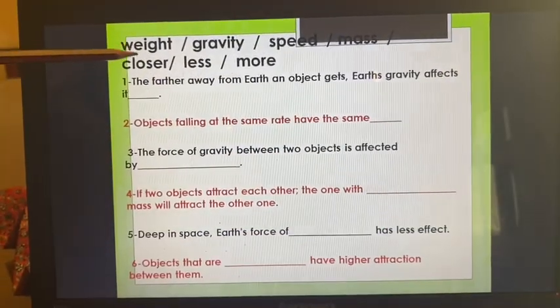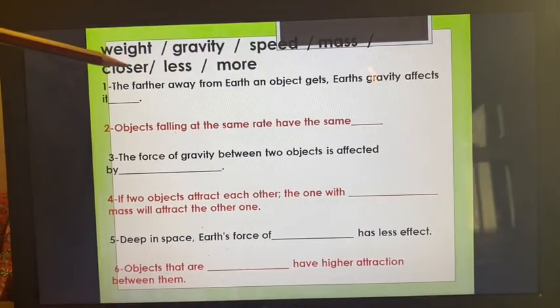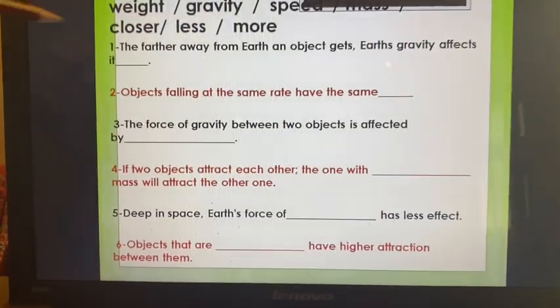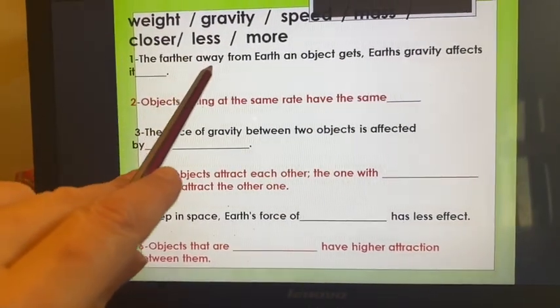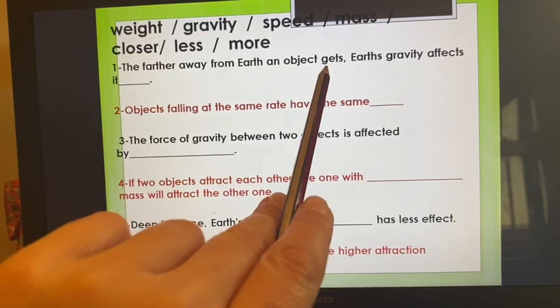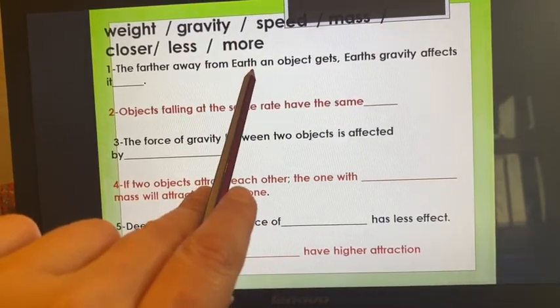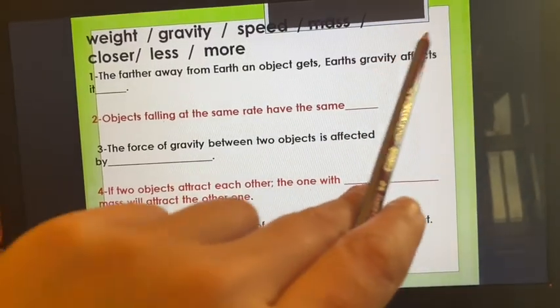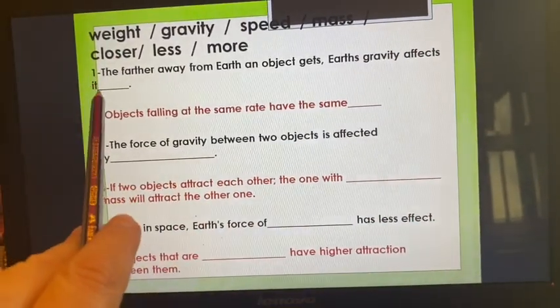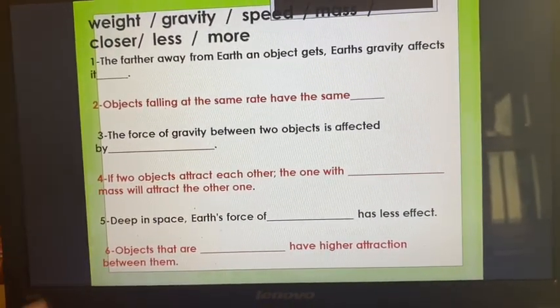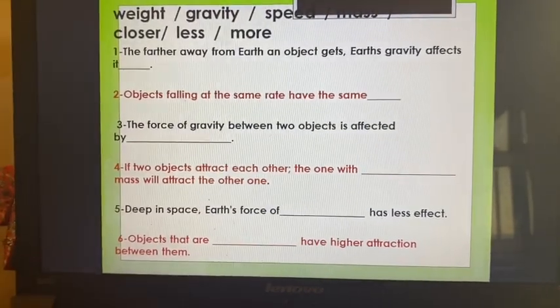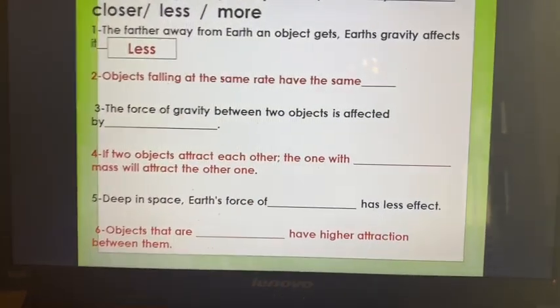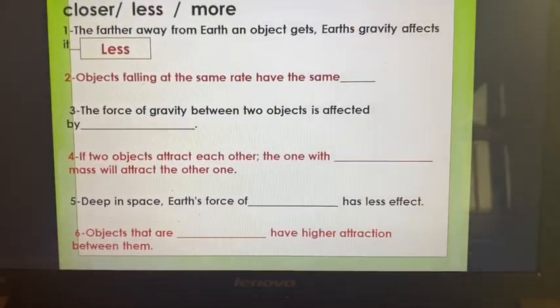You have the words weight, gravity, speed, mass, closer, less, more. The further away from earth an object gets, when you are far away from the earth, you travel to space, earth's gravity affects it what? When you go away from the earth, it affects it less, because you go away from the earth.